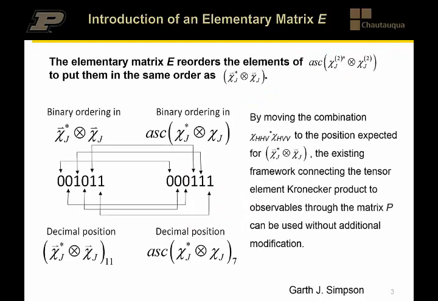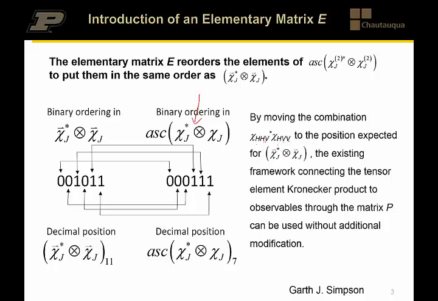So if we've got the HHV, HVV combination, then for this binary ordering, the first two indices, H and H, correspond to the polarization state for the sum frequency light. The next two correspond to the polarization state for the first of the two incident fields, driving fields, and then the last two correspond to the polarization states of the last driving field.